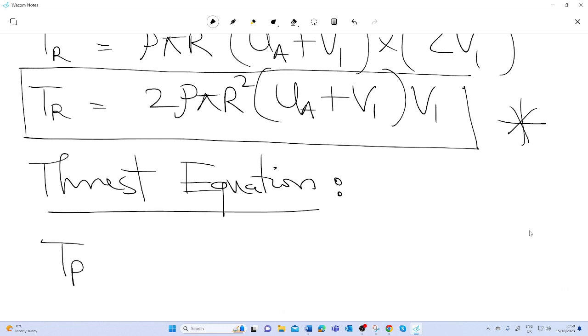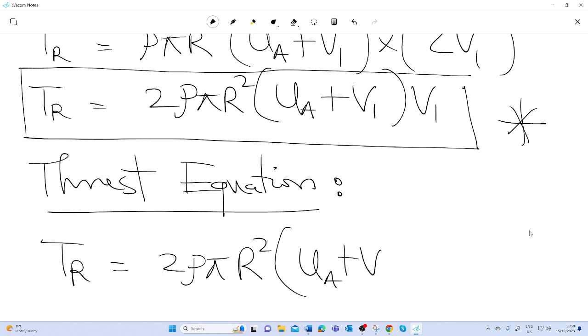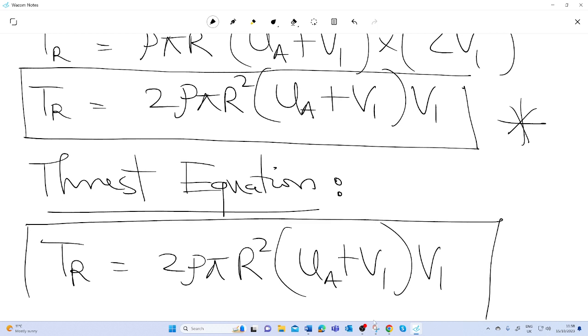That is TR equals 2 rho pi r squared (UA plus V1) V1. Thank you very much for staying tuned.